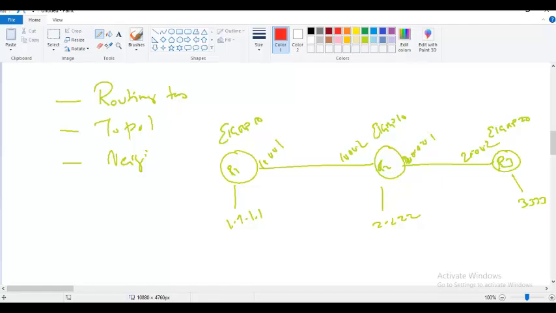So according to router 1, in the routing table for 3.3.3.3, administrative distance will be 170, not 90. You understand? For 2.2.2.2, it is 90 because it belongs to EIGRP 10.